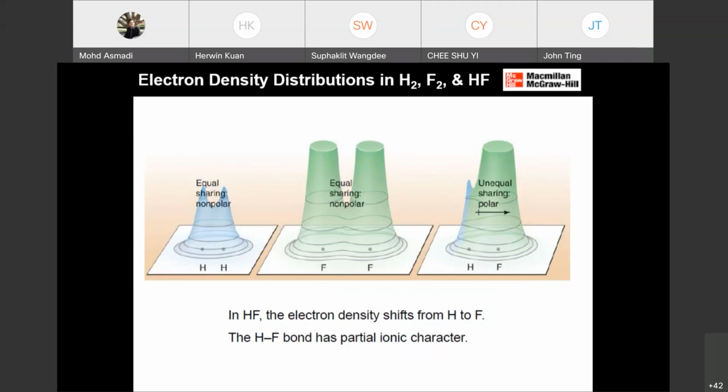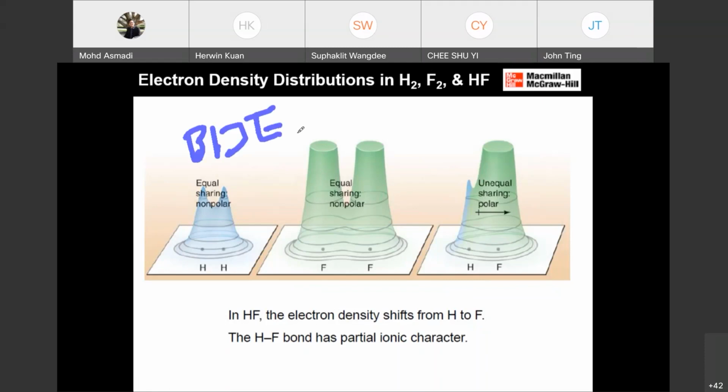That is the energy required to dissociate the bond, or overcome the attraction force. Sometimes we call it bond dissociation energy, BDE, the energy required to cleave the bond.